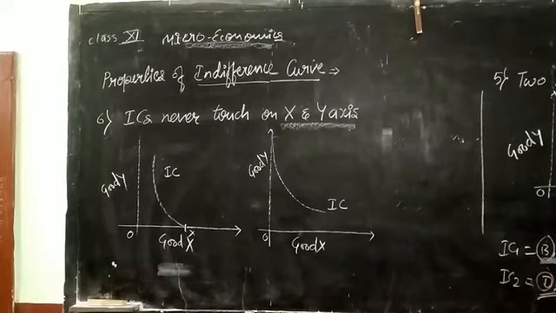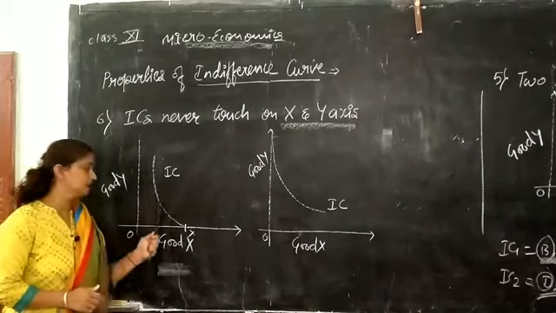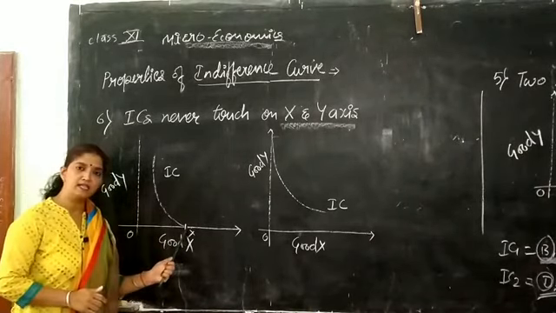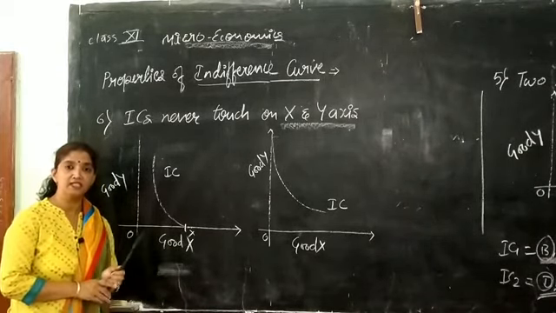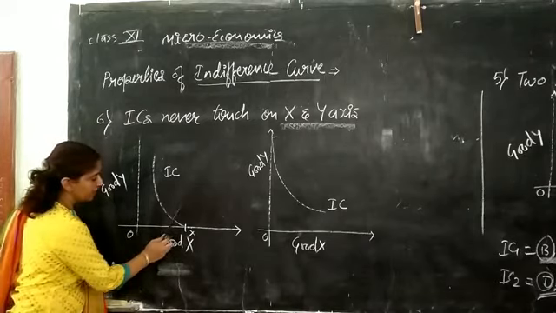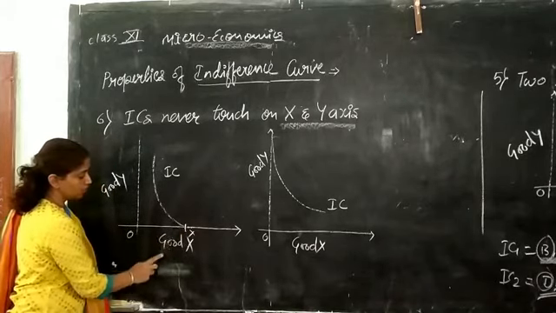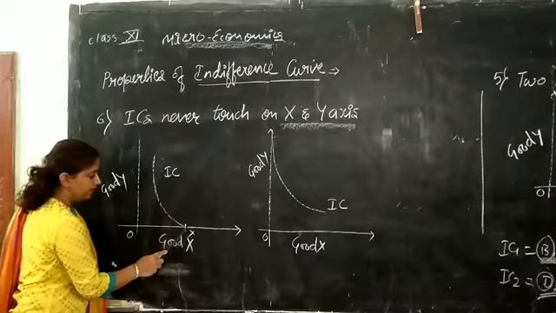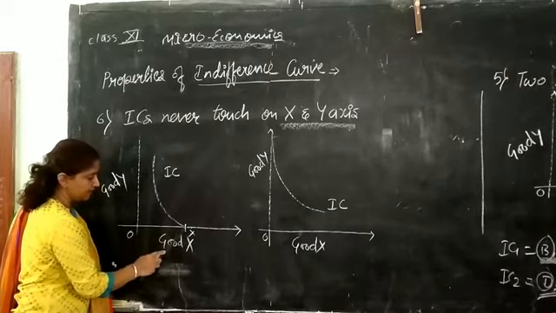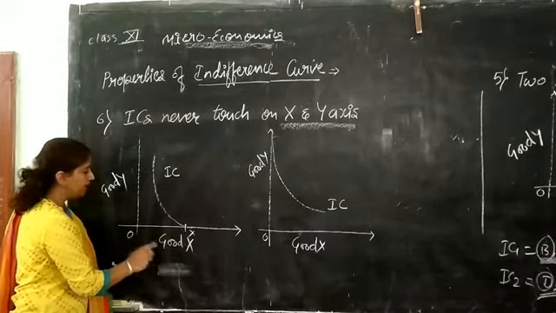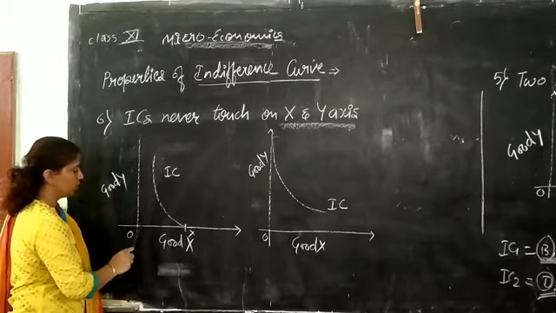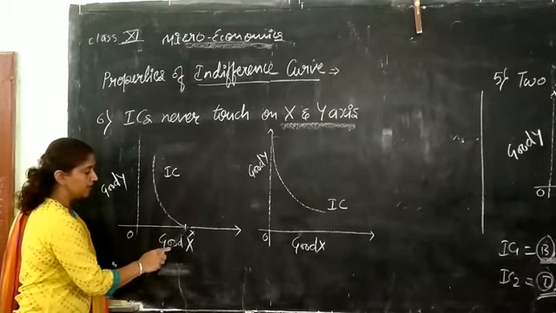Why does it happen? It happens because if the indifference curve touches the x-axis, in that condition, where it touches the x-axis, the consumption of x is here and the consumption of y is 0, as the point is on the x-axis.